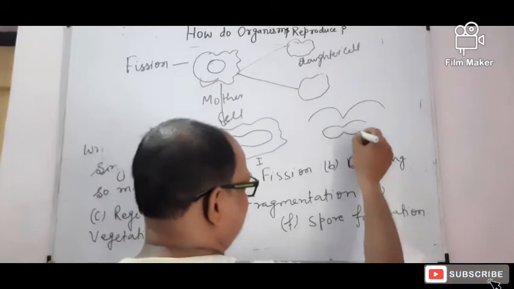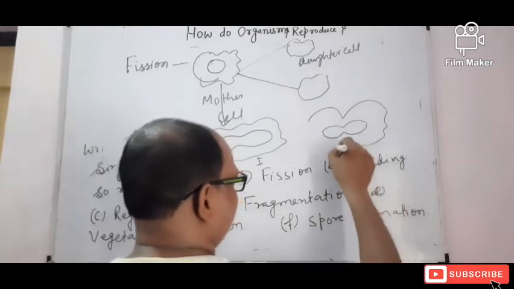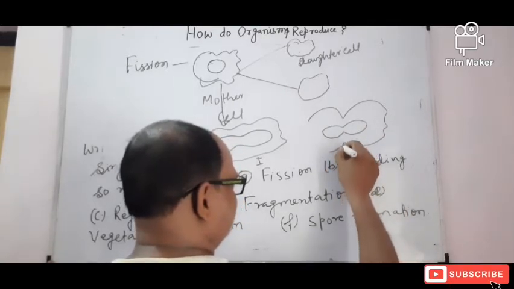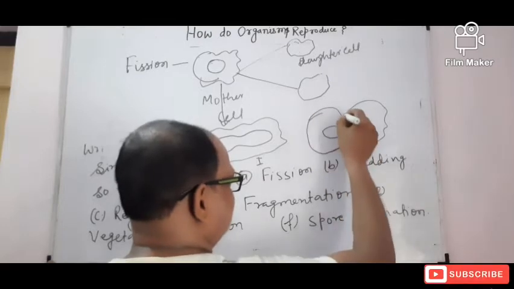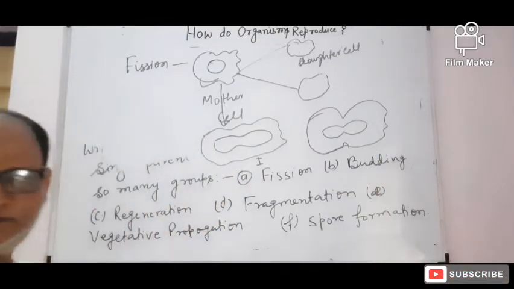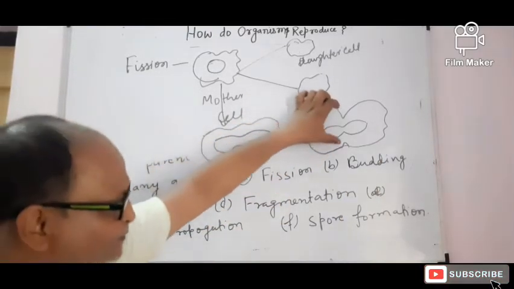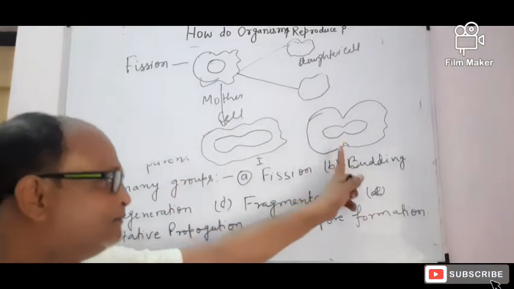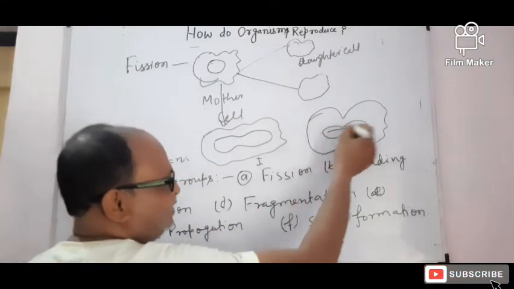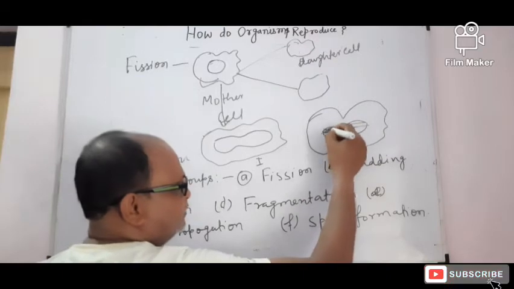An elongated nucleus, just this type of structure. Here cytokinesis occurs. Cytokinesis means the plasma membrane goes inside by the elongated nucleus. This one is the elongated nucleus.